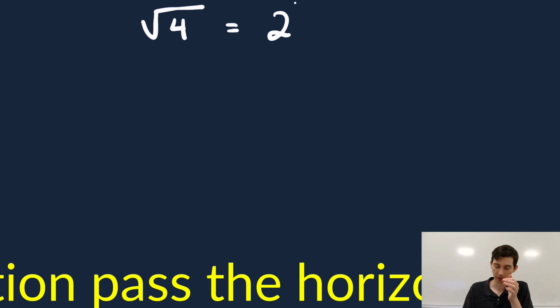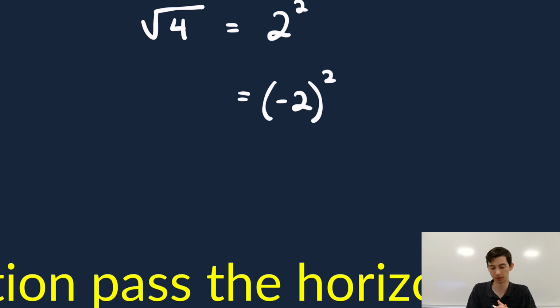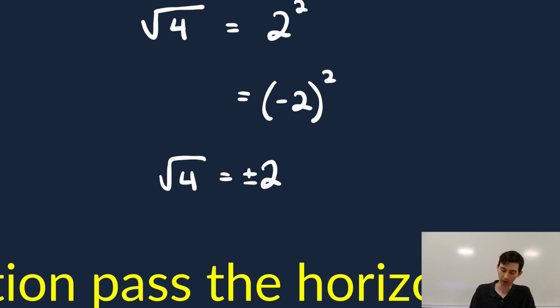Well, I know that 2 squared, 2 times 2, is 4, but also negative 2 squared, negative 2 times negative 2, also gets me to positive 4. So the square root of 4 can be positive 2 or it can be negative 2. So the square root of 4 we're going to write as positive or negative 2. And so anytime that I'm adding in this square root, I need to add the positive and the negative value.